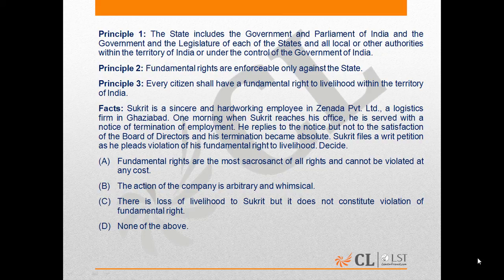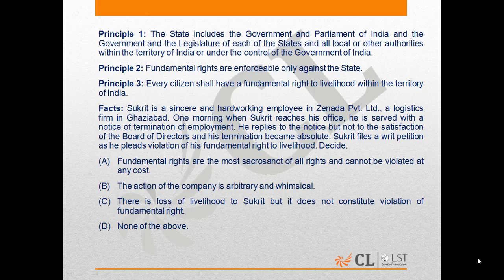Secondly, the facts state that Sukrit wants to file a case with regard to loss of livelihood being a fundamental right. So immediately we need to see what all options are provided in this question, and we can see that option C says that there is loss of livelihood to Sukrit, that's one, but it does not constitute violation of fundamental right.